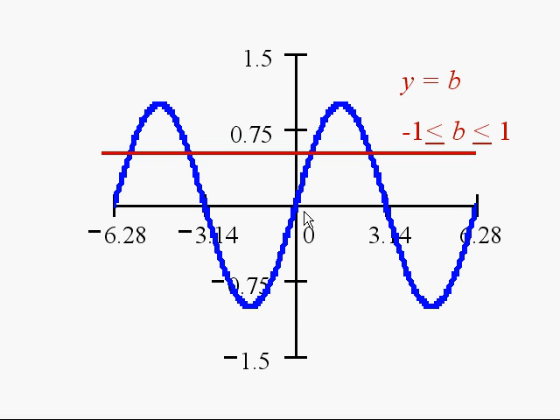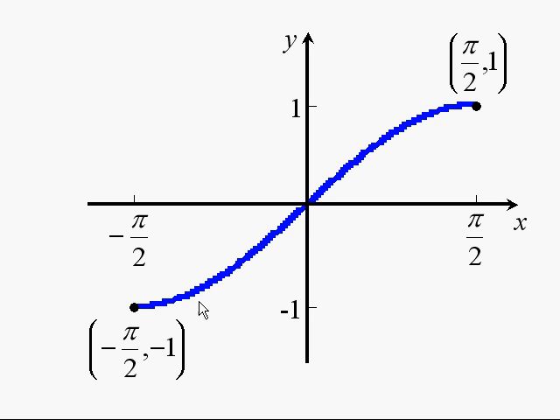So we're going to restrict the domain to be the interval from -π/2 to π/2, and on that interval, every value that the sine function takes on, it takes on exactly once. So that is a reasonable choice for a restricted domain, to have a function that's one-to-one, to have a function that has an inverse.